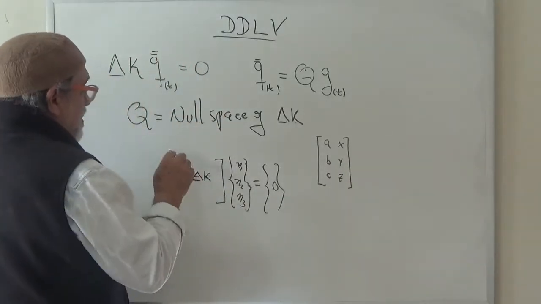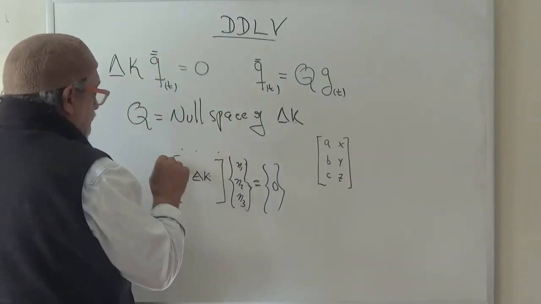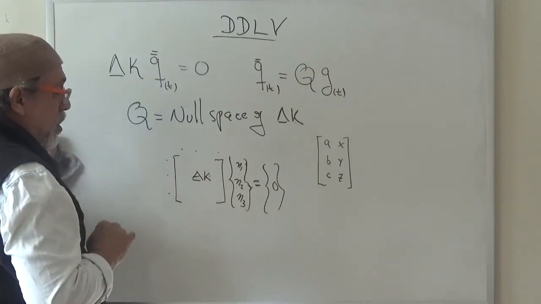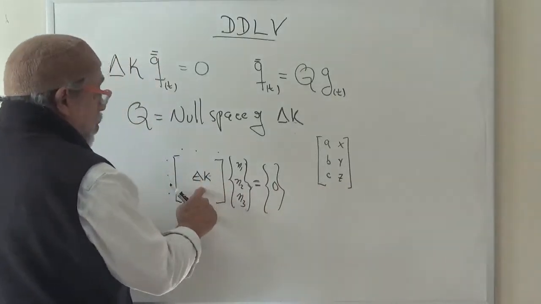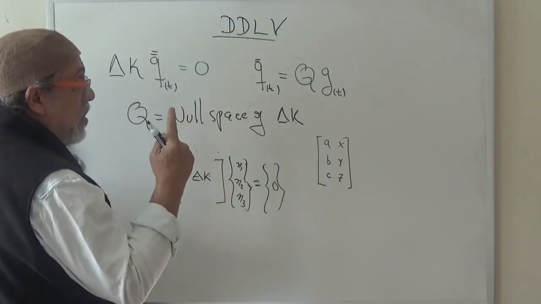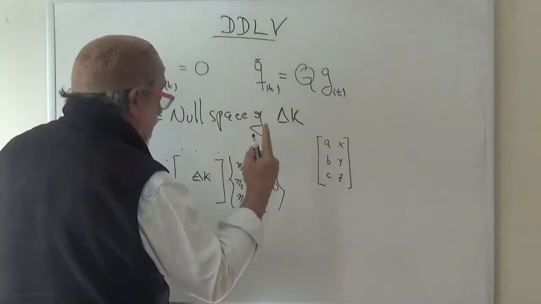And it turns out that if this matrix is a 3 by 3, and it has a null space of dimension 2, its rank would be 1. It only has one singular value that is non-zero, out of the 3.